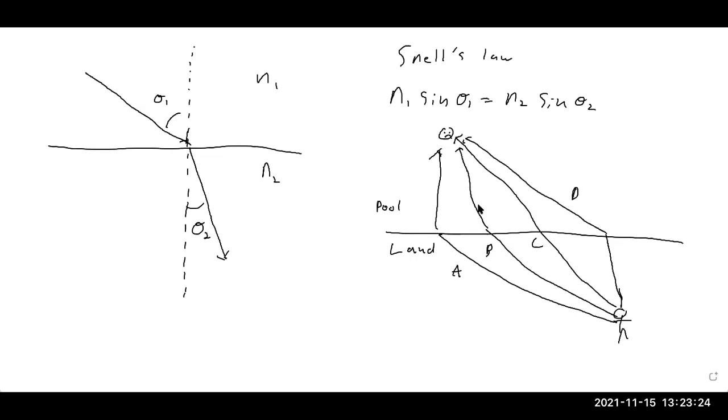If you could swim just as fast as you could run, path C would be your best choice. And if our lifeguard was a penguin, they might take path D, where they're just going to be faster if they can swim more and spend less time on land. But I can go with path B.